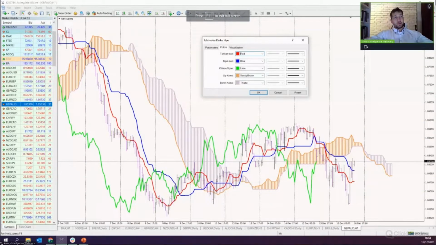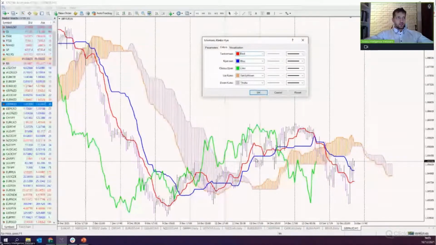Then you have the Kijun-sen line, which is a blue line, like a medium moving average, kind of. It moves weirdly. In Tenkan-sen, you can see it moves like a moving average, but in Kijun-sen, you can see periods when it's absolutely flat. It's characteristic for Kijun-sen. Here is flat, here is flat, here is flat, here is flat. It's very often in line with Kumo, with the cloud.